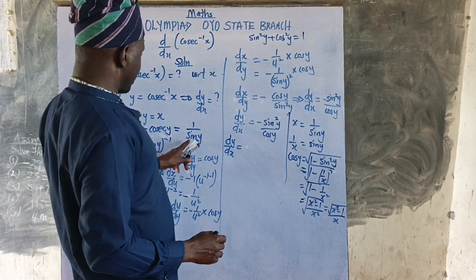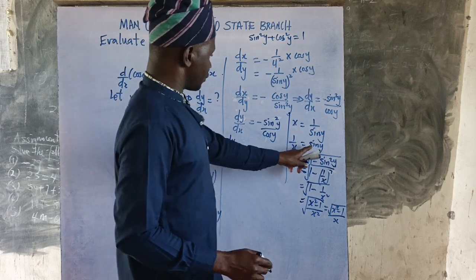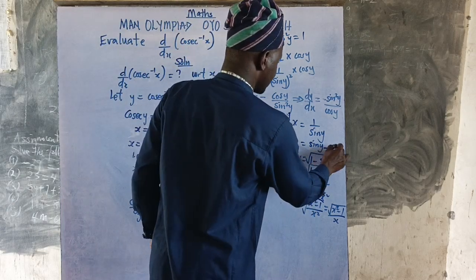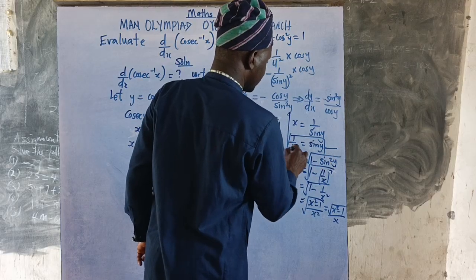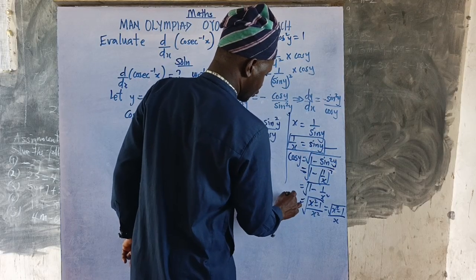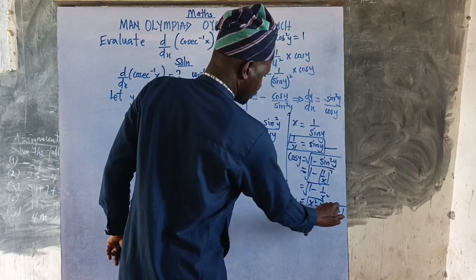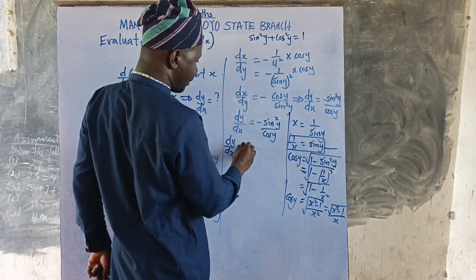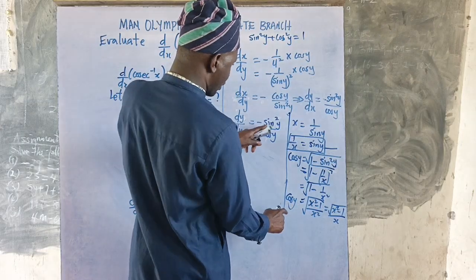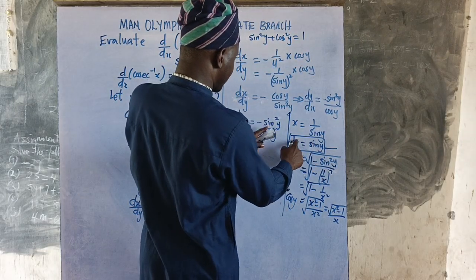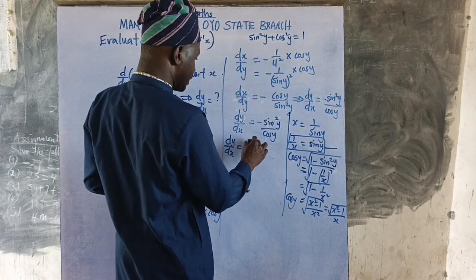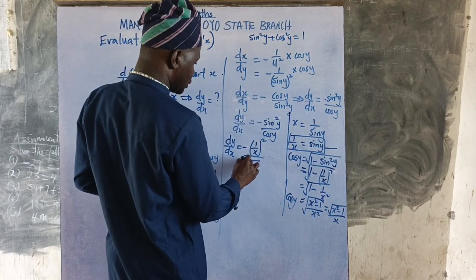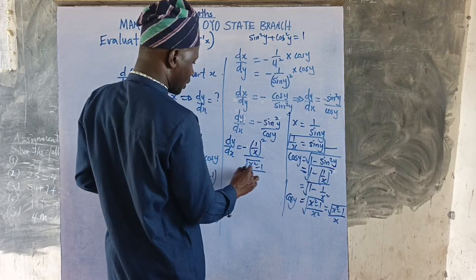So we have minus sine square y, that is 1 over x, everything raised to power 2, divided by cos y, which is the square root of x square minus 1 divided by x.